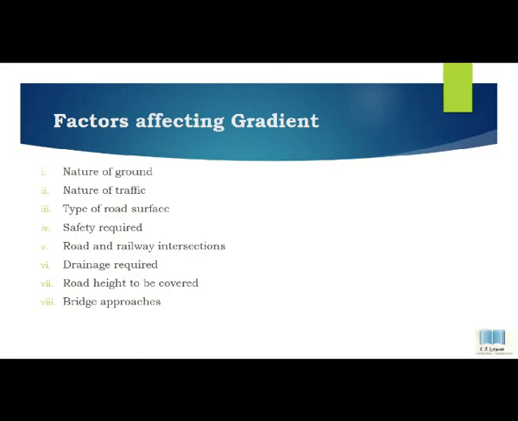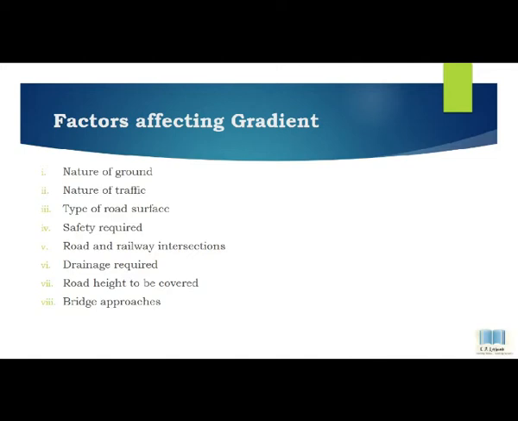Then the next point is factors affecting gradient. These are the various factors which affect the gradient. The first is nature of ground. When we are going to construct the road, what is the nature of that ground? It means whether it is a plain area, hilly area or mountainous area.